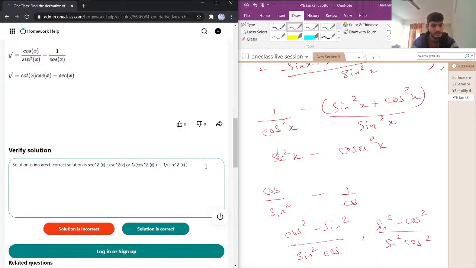Solution is incorrect. Correct solution is secant square x minus cosecant square x, or 1 over cosine square x minus 1 over sine square x.